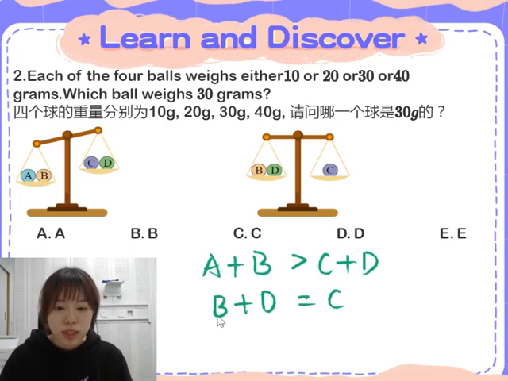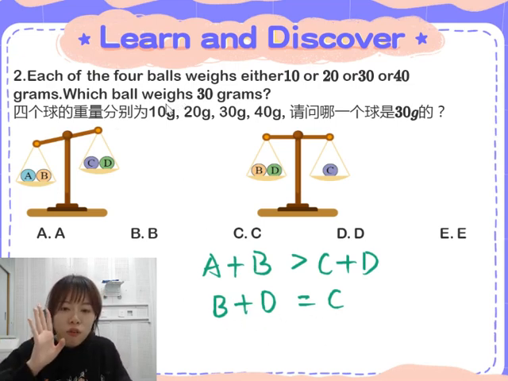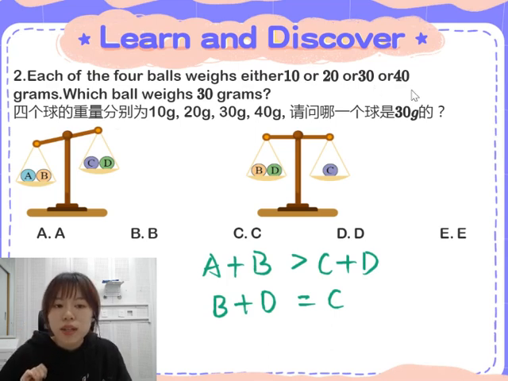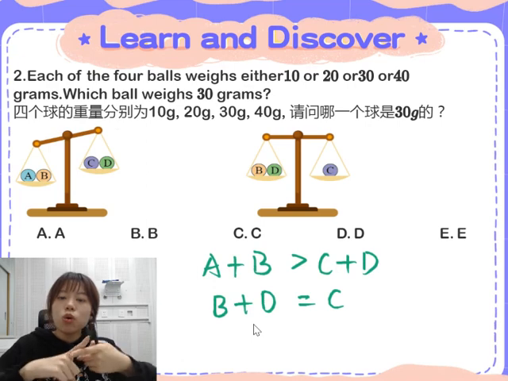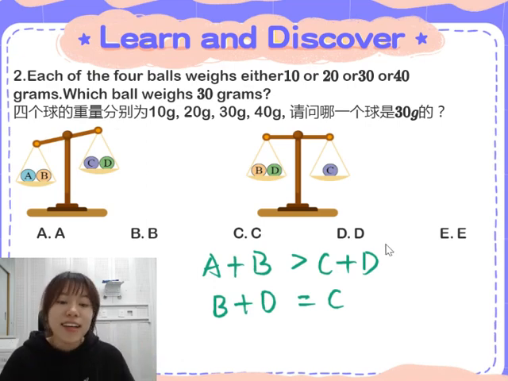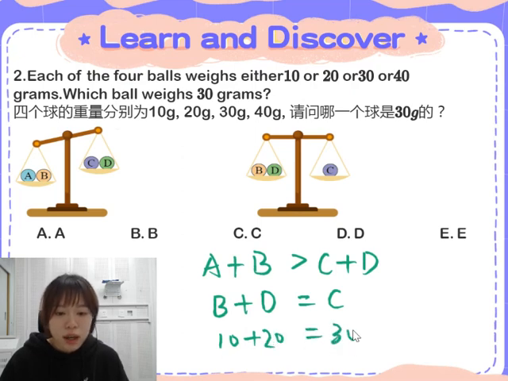So that means in these 4 numbers, 10, 20, 30, 40, two easier numbers when we plus together equal another number. So I will write down here, maybe it's 10 plus 20 equals 30, or 10 plus 30 equals 40.